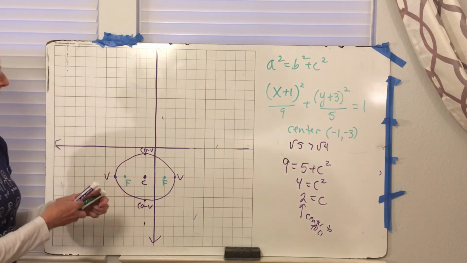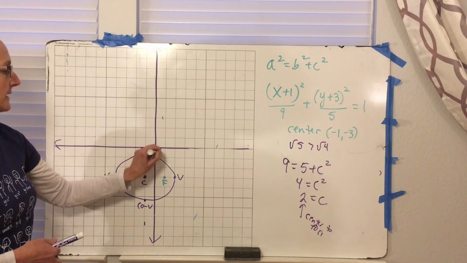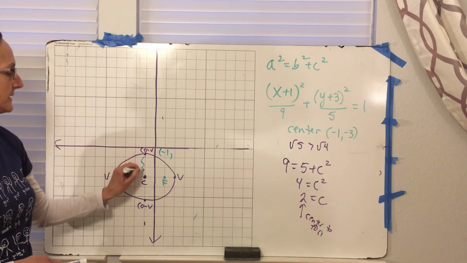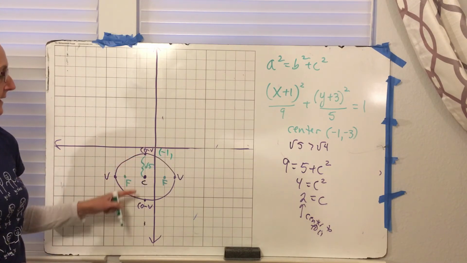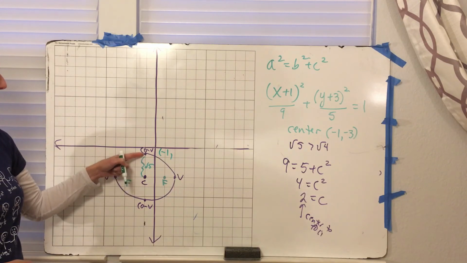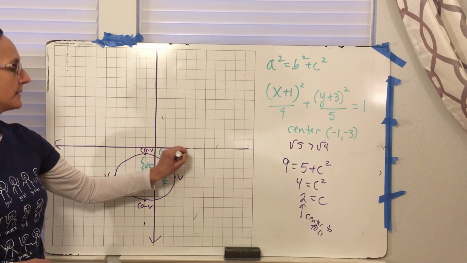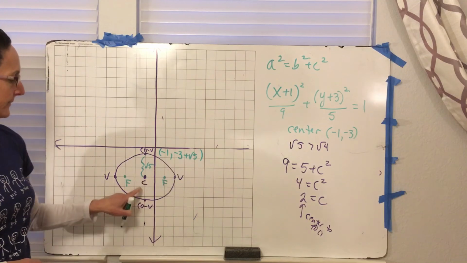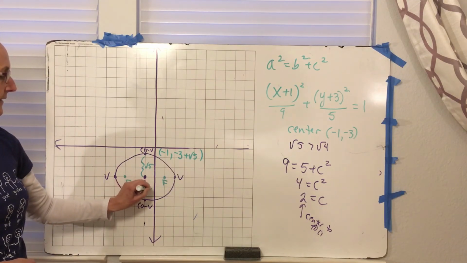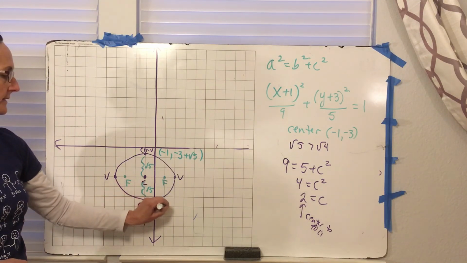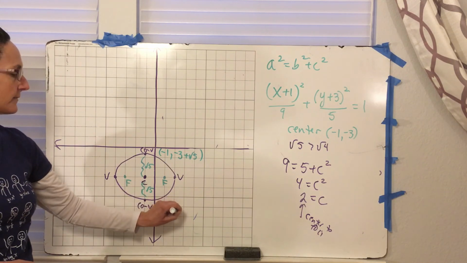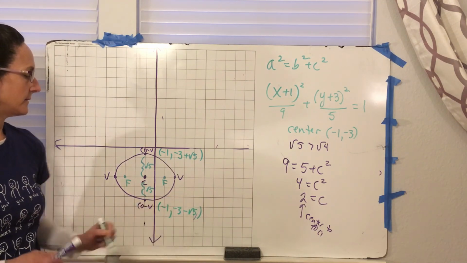The co-vertex has an x value of -1. This distance is root 5. So from this point, add root 5 to get there. That's -3 plus root 5. This is also root 5, but it's below, so here it's (-1, -3 minus root 5).